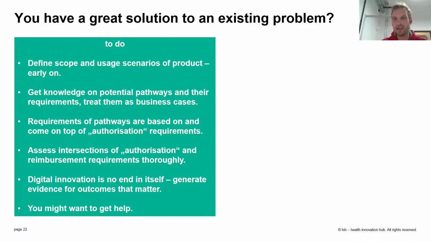Even if you are a techie, even if you are a business administration person, at one point you need to talk to clinicians and have a trial conducted or whatever to find out whether your solution is really helping to address a certain, specific and existing problem. And in all these different to-dos, you can get help from someone out there.